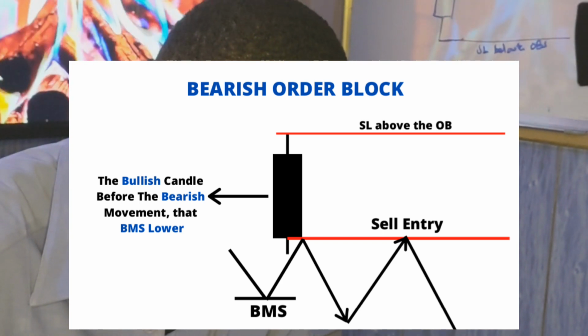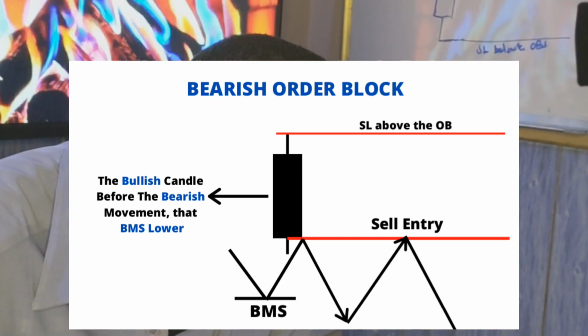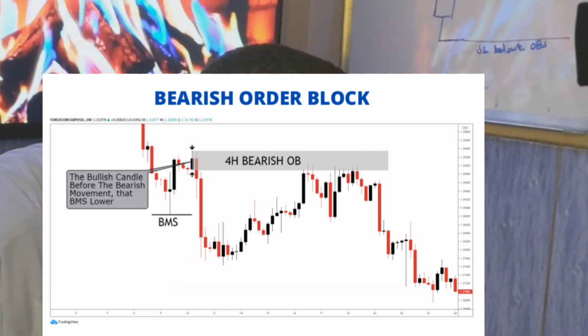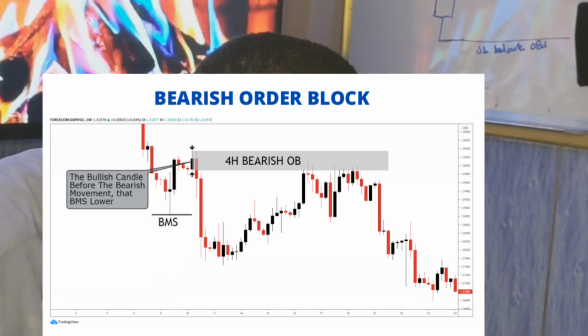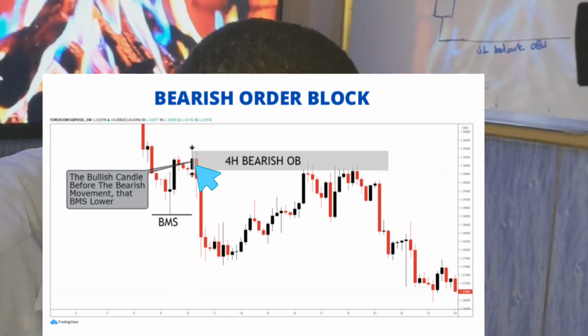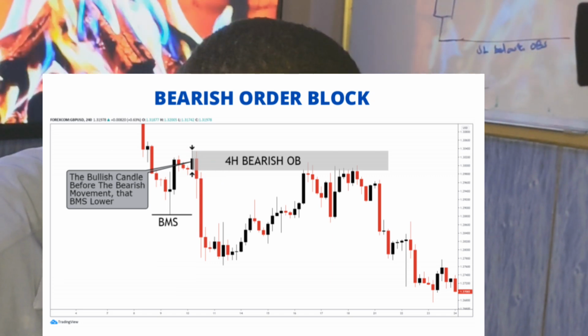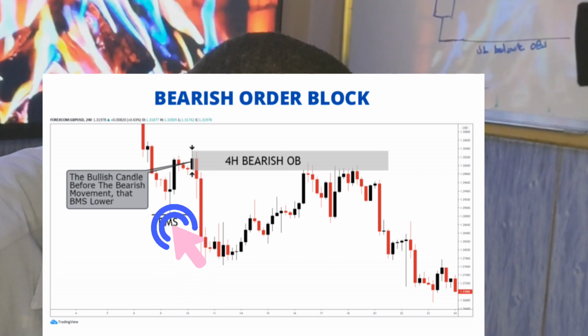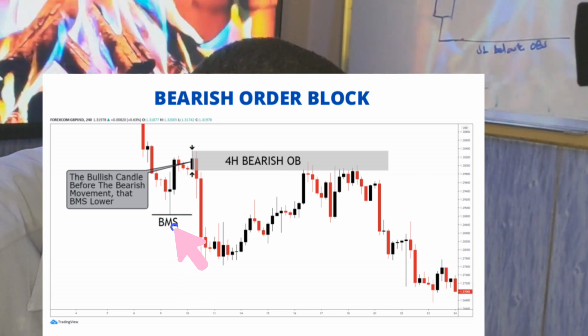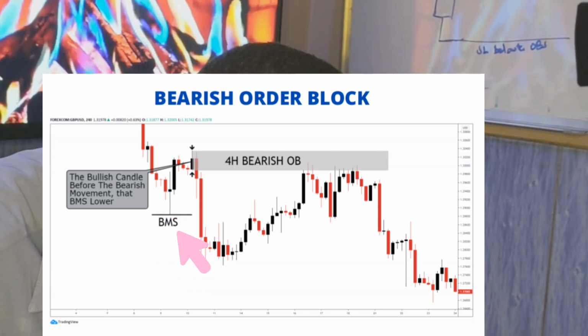We wait for the price to come back to the order block, then we place our entry.